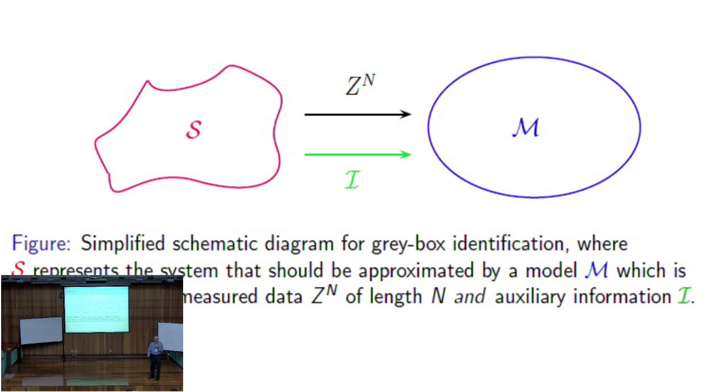It relates to the system, and therefore it makes sense to use it to build the model. Okay? So when we try to find this model, to approximate this system from two different sets of data, and we want to fit those two sets of data simultaneously, then we refer to the problem as a problem of gray box modeling. Okay?